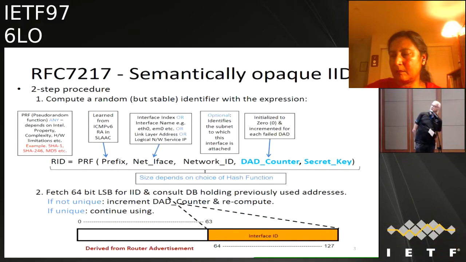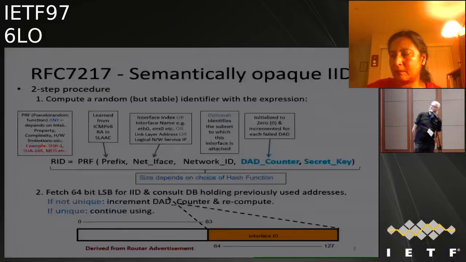By the way, the node doesn't really care how the randomness is produced, but this is shown from 7217 because it works and it has some properties that I'll show in just a minute. So after you make the computation, you just make sure that it's unique before you send it back. All right, next slide, please.